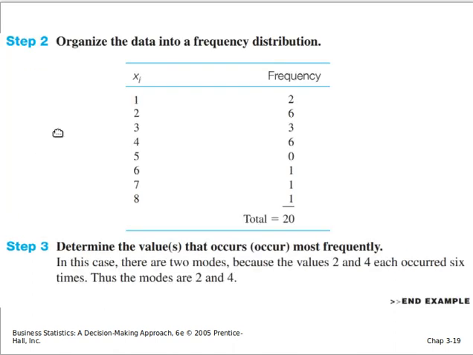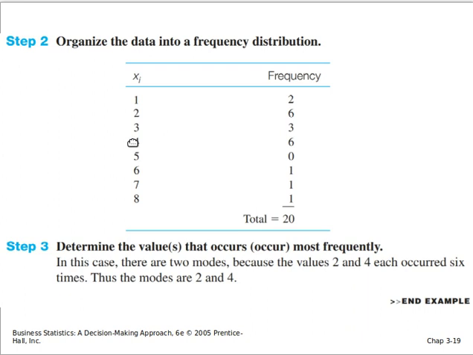Now, step 2, organize the data into a frequency distribution. For 1, the occurrence of 1, for the group of 20, there were 2. For a group of 2, there were 6 groups. For a group of 3, there were 3 groups.